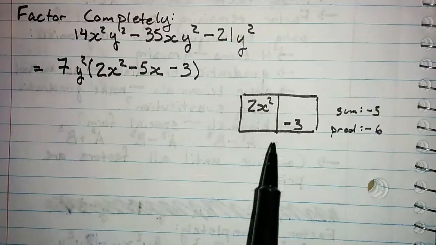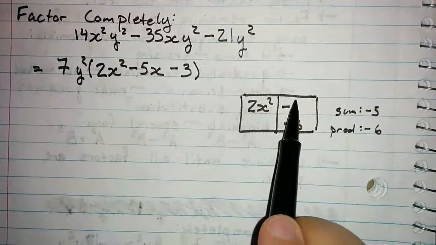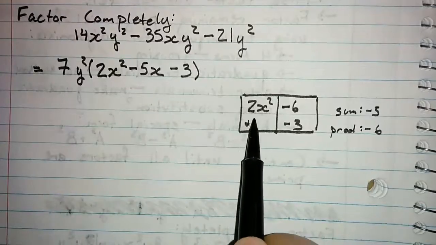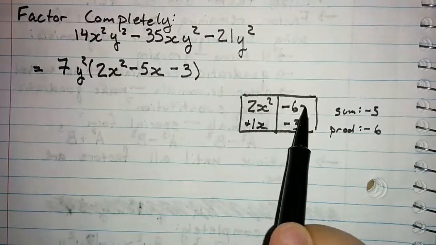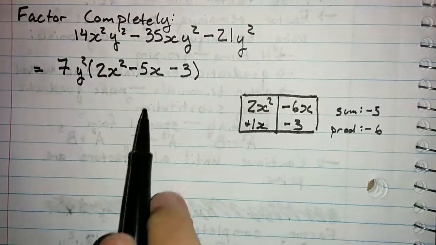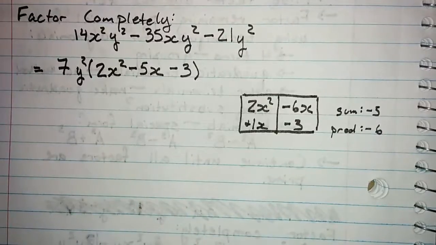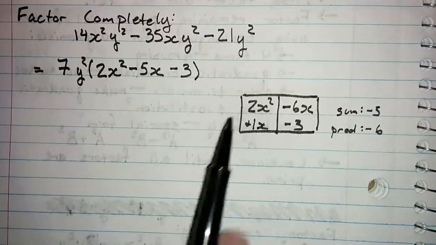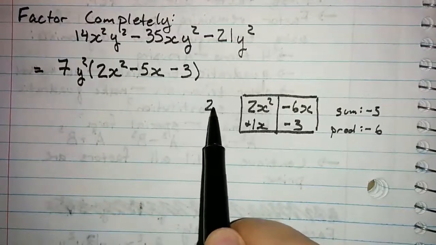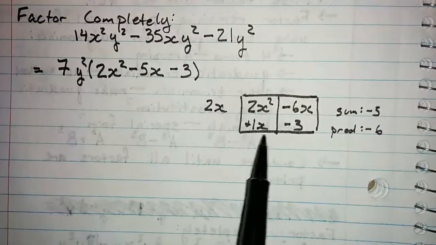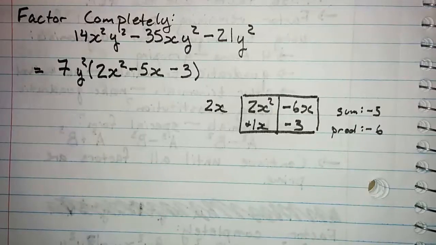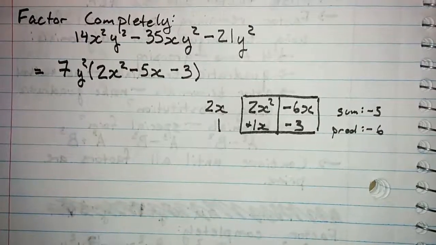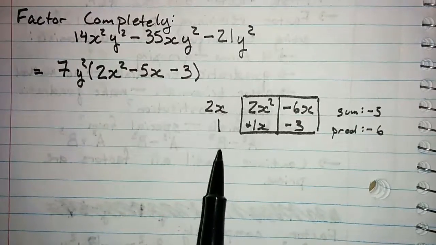I think we can see at a glance that our two numbers are negative 6 and positive 1. Both of those are coefficients of x. Remember, I'm splitting up my negative 5x term. Greatest common factor of this row will be 2x. This row I don't see a greatest common factor, so it's 1.